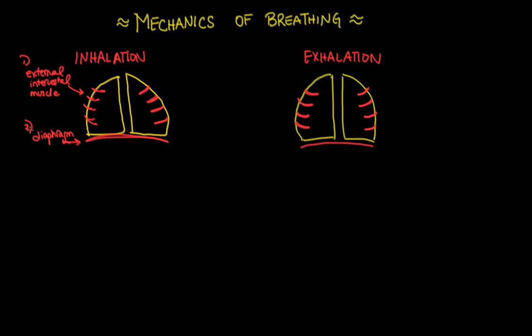The second important thing to note before we start the discussion here is the movement of air. So it's very important to note that air is always going to move from an area of high pressure to an area of low pressure. And so the two pressures that we're going to be comparing are what we call atmospheric pressure, and we're going to denote that as P ATM, atmospheric, and we're going to compare it to pressure inside the lungs that we refer to as pulmonary pressure.